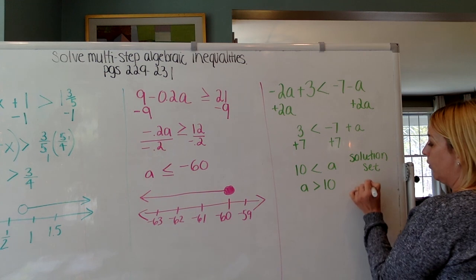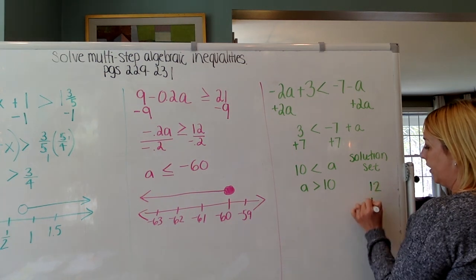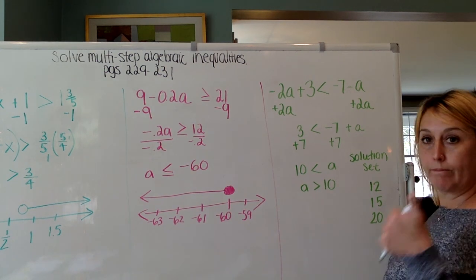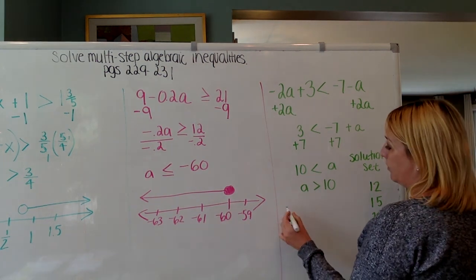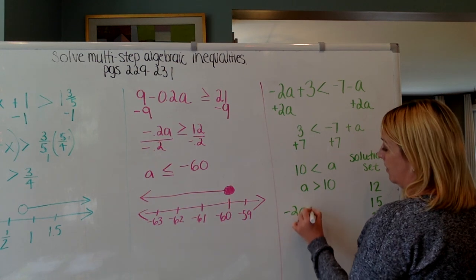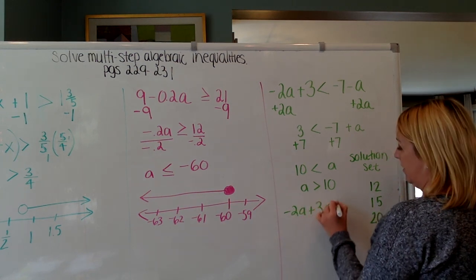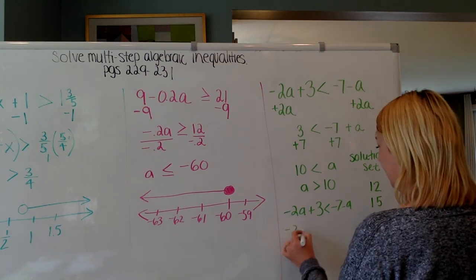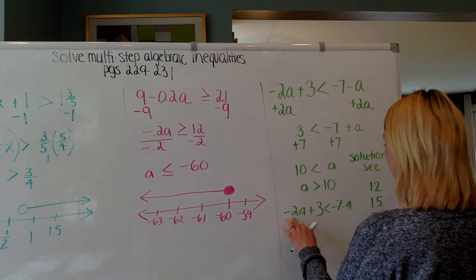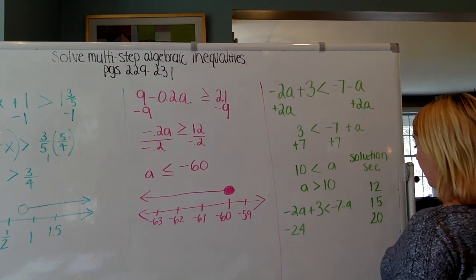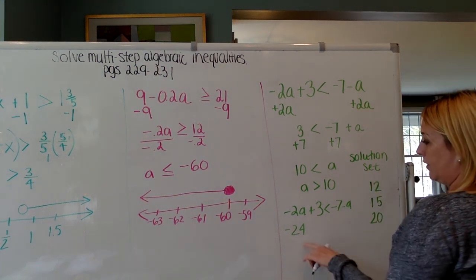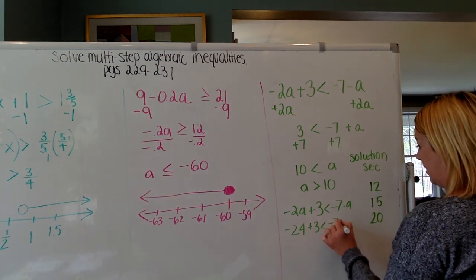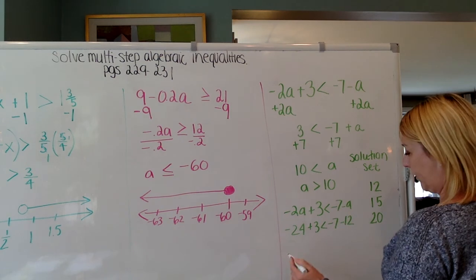So I want a variable that's greater than 10. So I'm going to go with 12, 15, and 20. Do you agree with me? Those are all greater than 10? All right. So we'll substitute them into the original inequality. If I substitute 12 in, negative 2 times positive 12 is negative 24, plus 3 is less than negative 7 minus 12.